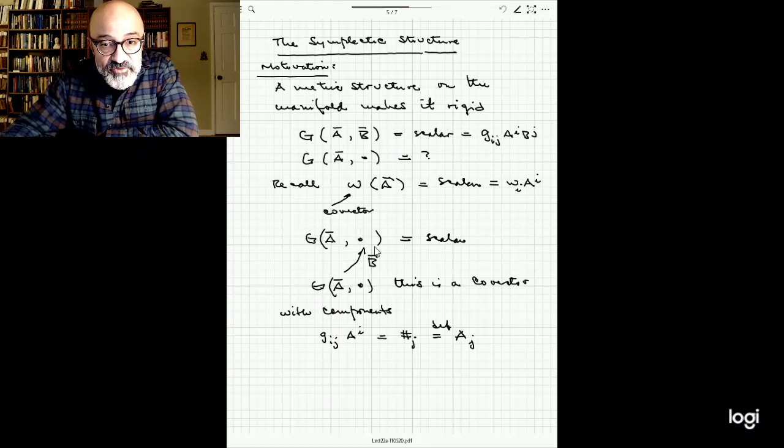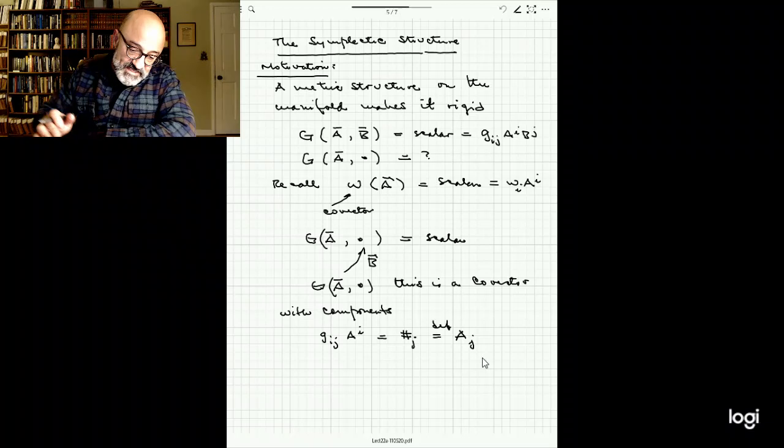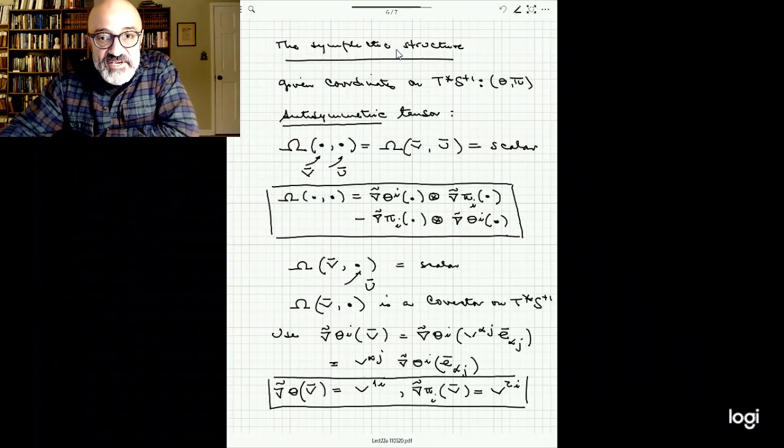In fact, this whole map is a covector. It's like taking one vector A and from it producing a covector that we define with the same letter A and with lowered indices. We do exactly the same thing in the case of the symplectic structure. Once you have coordinates theta pi, we invent this anti-symmetric tensor, which is purely built from the gradient basis.